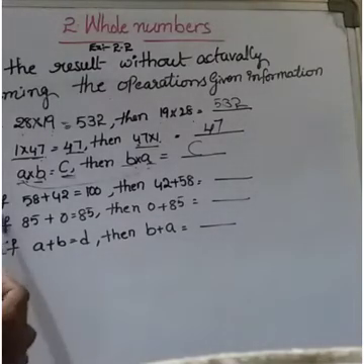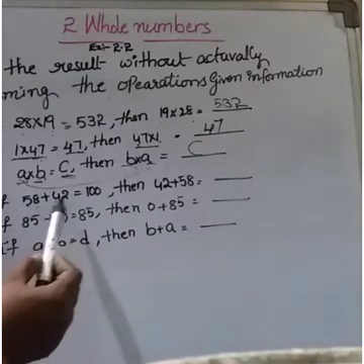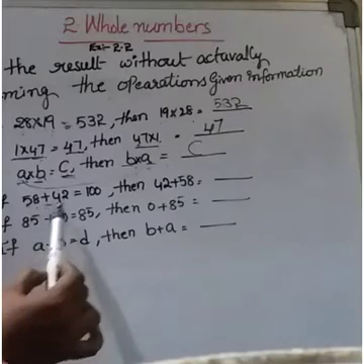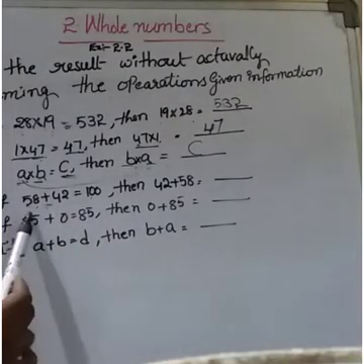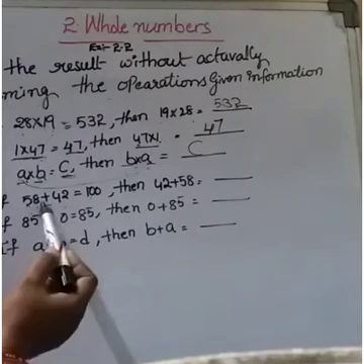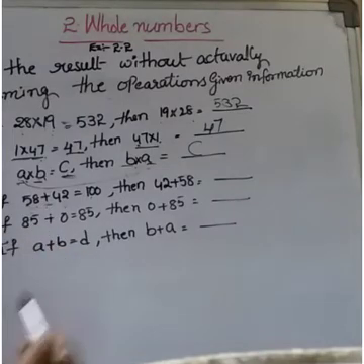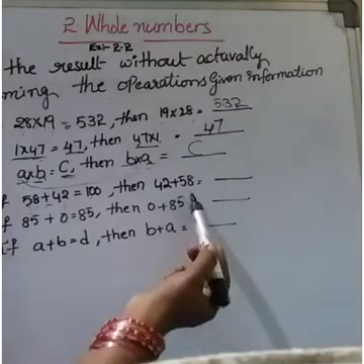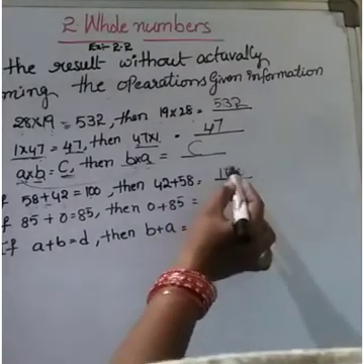Next, 58 plus 42. What is there in the middle of these two numbers? Addition. So this is the property of addition. 58 plus 42 is 100. Then 42 plus 58 also we get the same answer because only the places change. 58 plus 42 equal to 100, 42 plus 58 also 100.